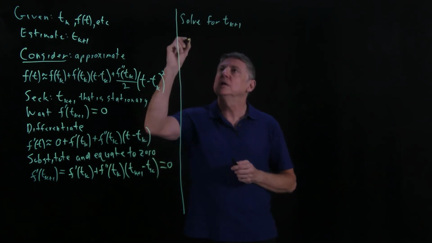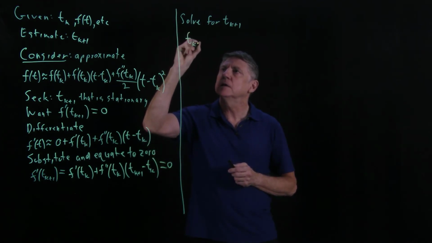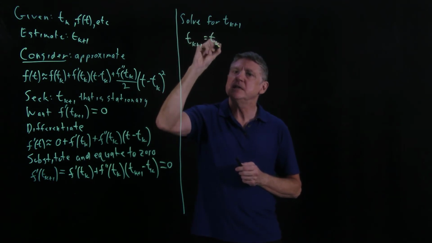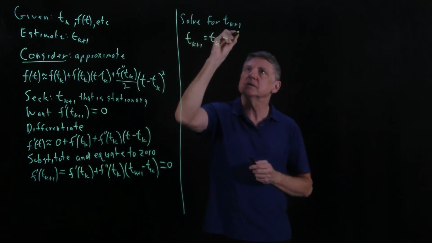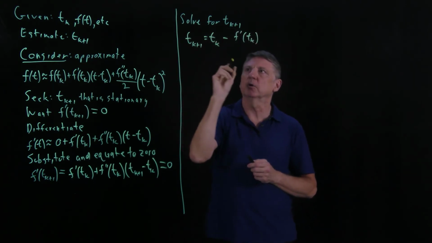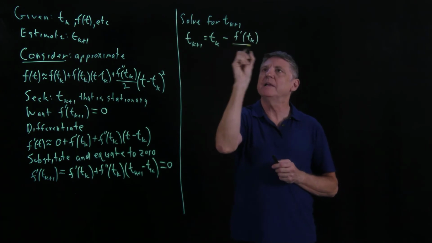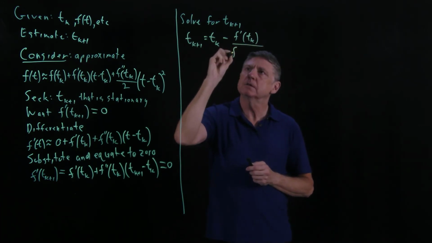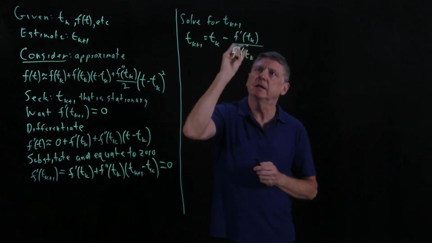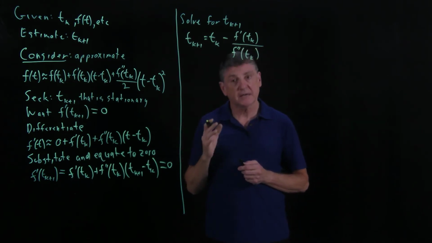And when you do, the answer that you should get is tk plus 1 equals tk minus the first derivative of the function evaluated at our current point divided by the second derivative of the function evaluated at our current point. That's what you should get.